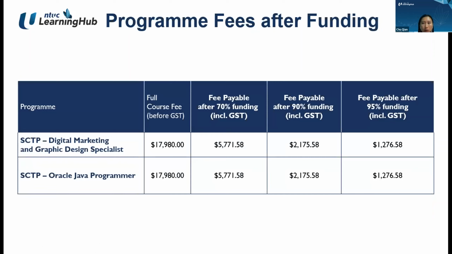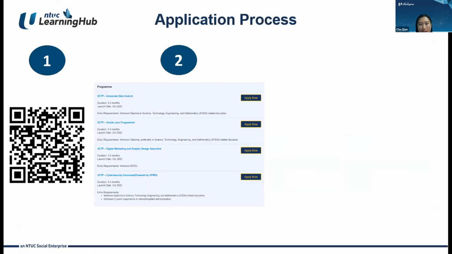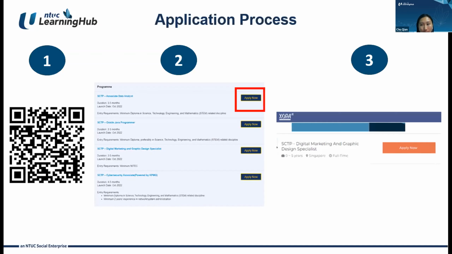All right. So I'll just share a little bit about the application process also. It's quite straightforward. First, you can scan this QR code to head to our program landing page. On our program landing page, you will see the 4 programs that we offer. All you have to do is click Apply Now for the program you want to apply, where you will be led to an external site, Zopa. There you will be led to a form to fill in your profile and upload your resume.